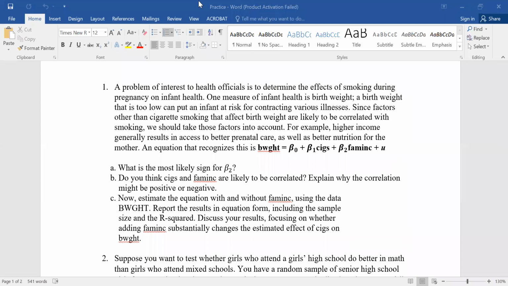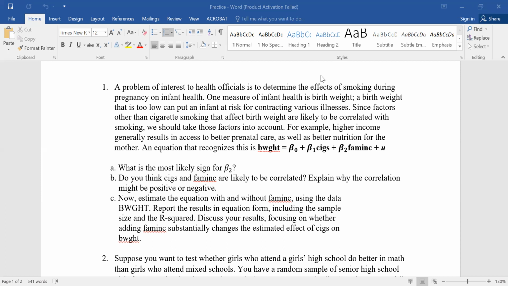The problem of interest to health officials is to determine the effects of smoking during pregnancy on infant health. One measure of infant health is birth weight. A birth weight that is too low can put an infant at risk for contracting various illnesses. Factors other than cigarette smoking that affect birth weight are likely to be correlated with smoking.